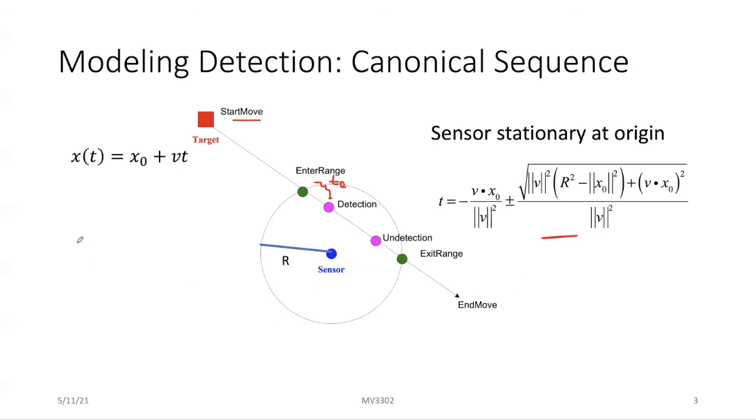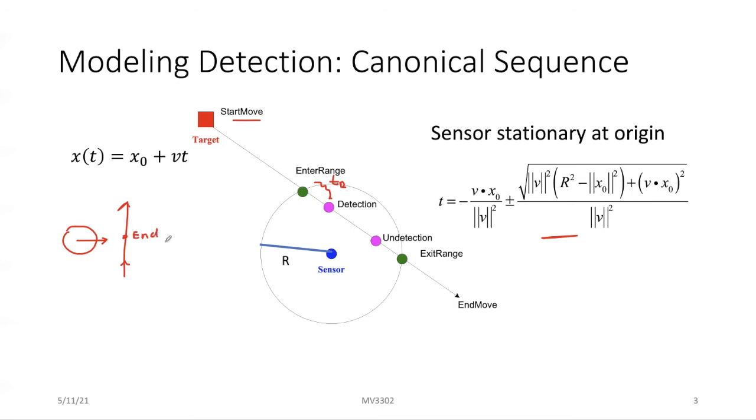Look at this situation here. Suppose we have a sensor that's moving like this, and a target that's moving like this, but it's moving so fast that if it kept moving, the sensor would miss it. But for some reason, it decides to stop here. In other words, it has an end move event here.